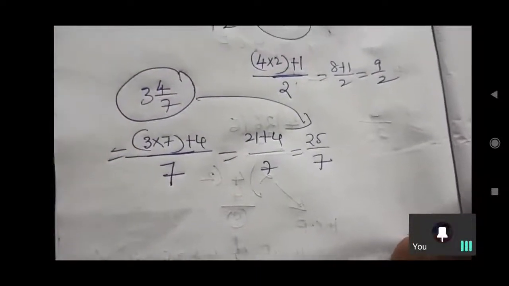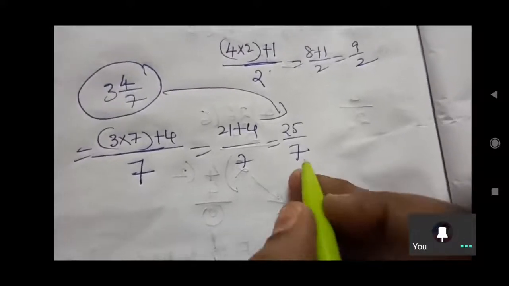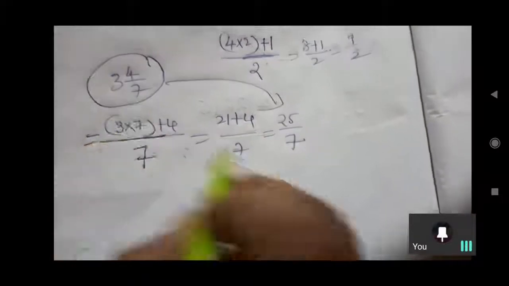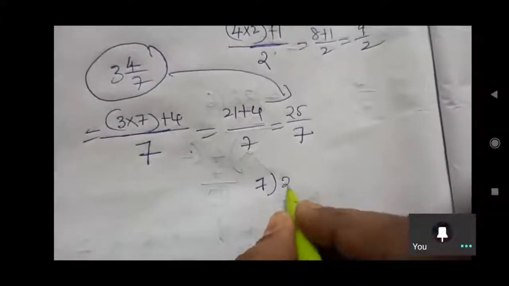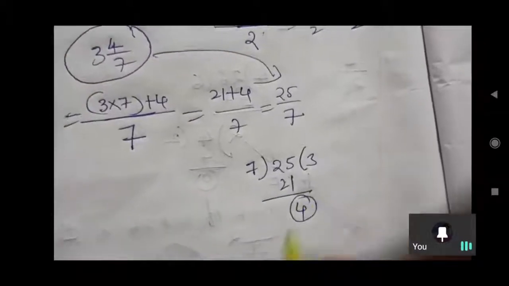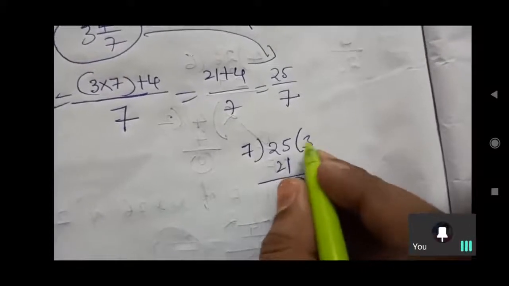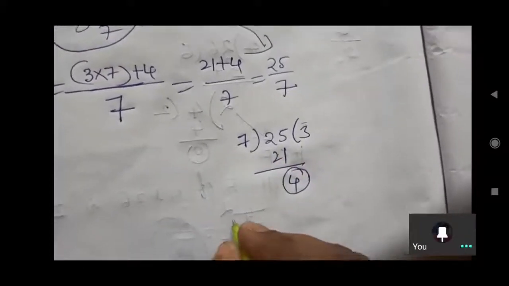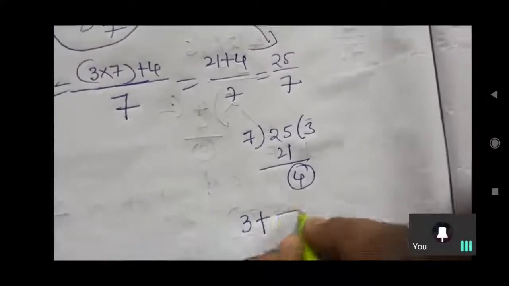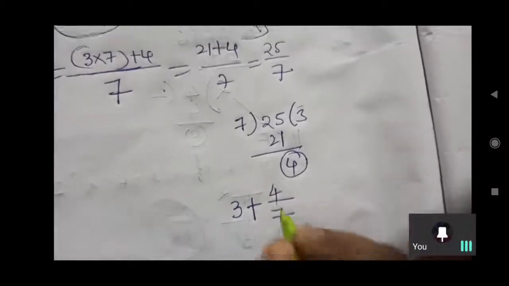Is it okay for you? Again, if we make this one a mixed fraction, 7 into 25: 7 3s are 21, 4 is the remainder. First write down the quotient as the natural number, place the divisor as the denominator, and keep the remainder as the numerator.